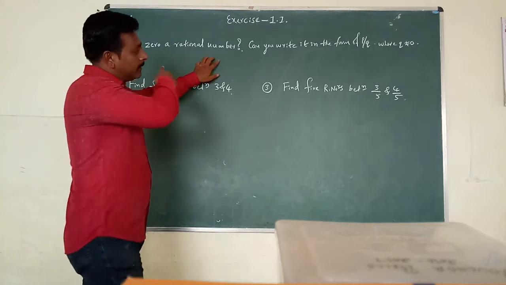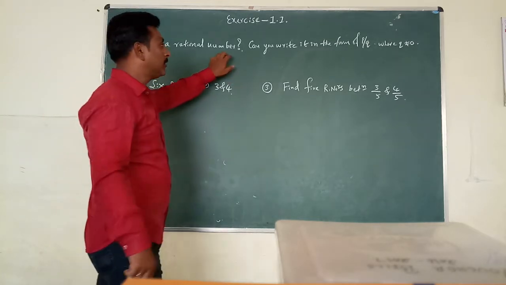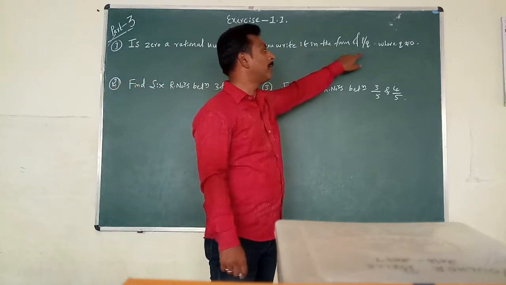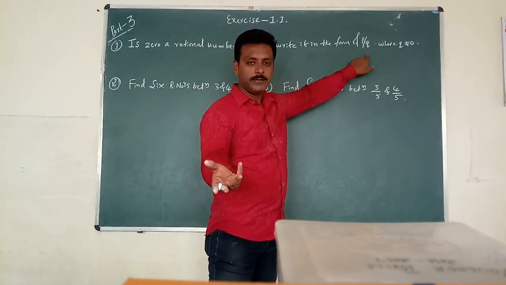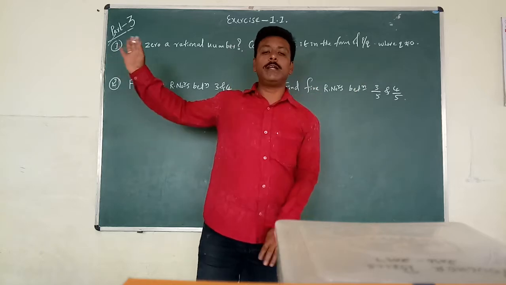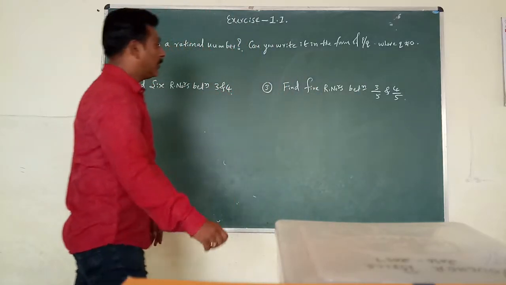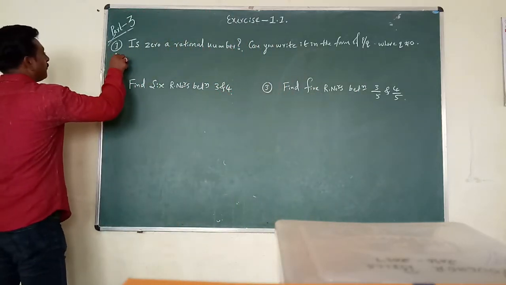They asked that question only: can you write it in the form of p by q? Yes. Because of that only we call this a rational number. So what should your answer be?